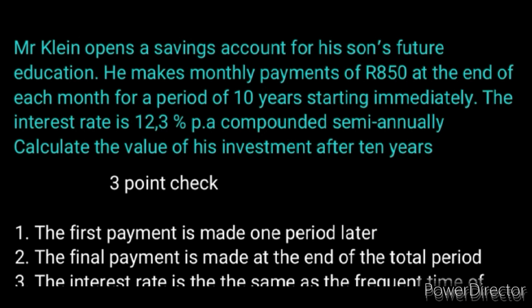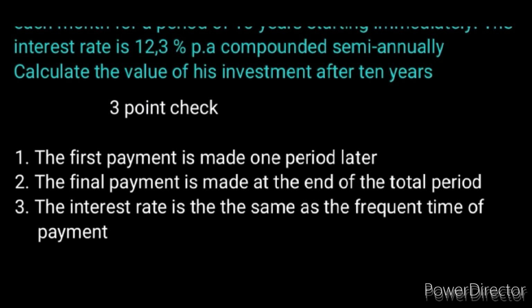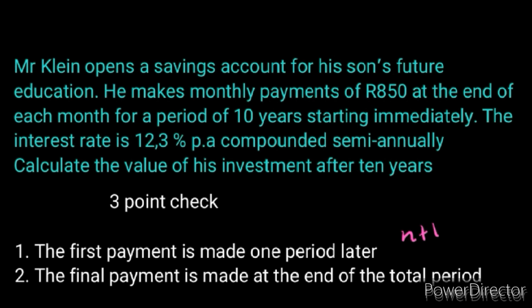So that was the 3-point check. We discovered that the payment was not made 1 month later, 1 period later, so we had to use number of payments plus 1. And then the final payment was the same as the total period, because it was a period of 10 years, and they asked us to calculate the investment after 10 years.